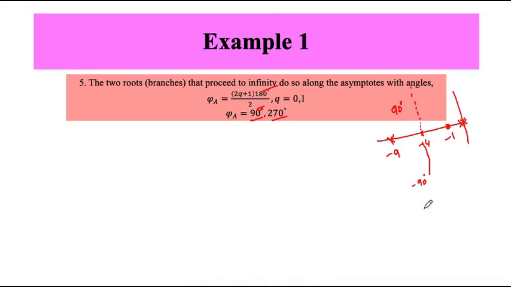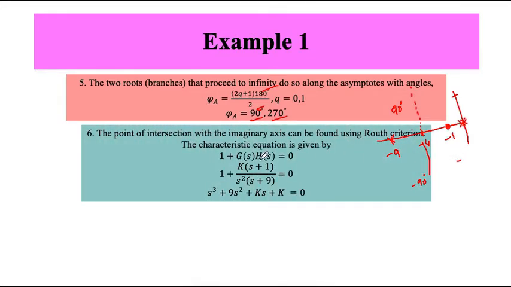Now the other thing we need to look at is, do the root locus cross the imaginary axis. So I just write down the characteristic equation, 1 plus G(s)H(s) equals 0, and if I calculate it, this is my characteristic equation. We will see when this actually meets the imaginary axis while I quickly draw the Routh table.